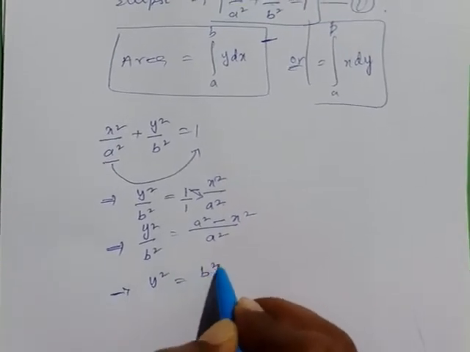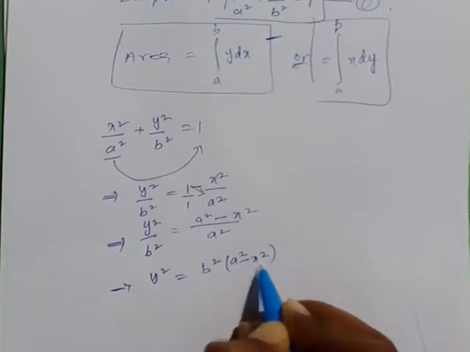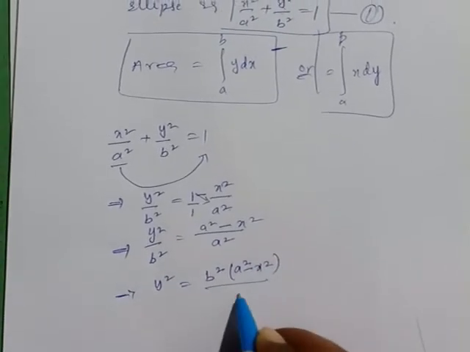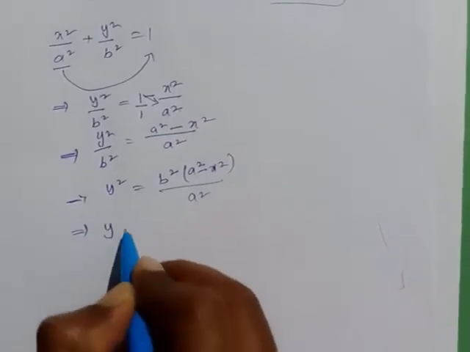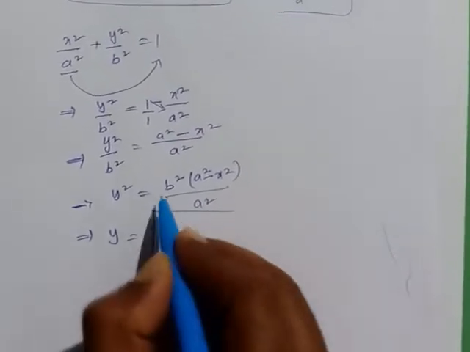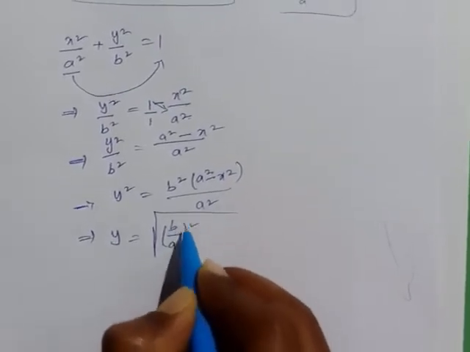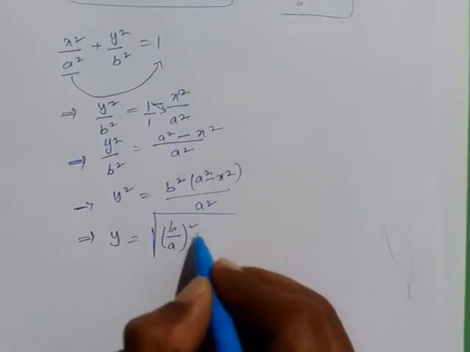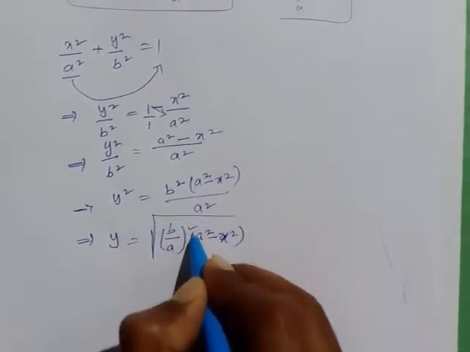So b square into a square minus x square by a square, that is equal to, y is equal to under root of, we can write this as b by a whole square, because both have power values, into a square minus x square.